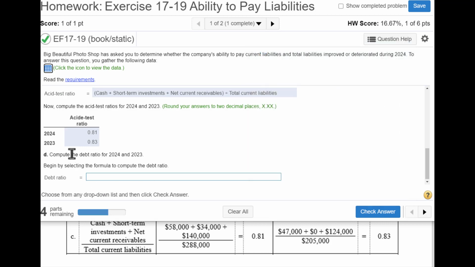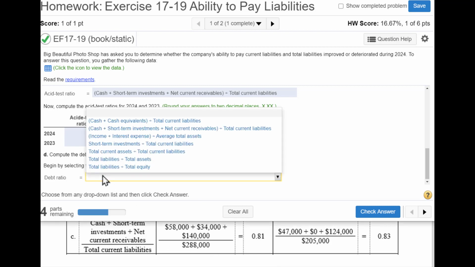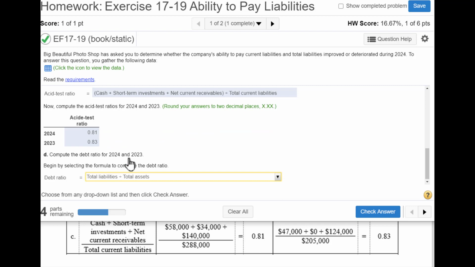Next, we want to compute the debt ratio. So the debt ratio is total liabilities divided by total assets. So it's trying to figure out how much of your assets are financed by someone else. In other words, are owned by someone else.